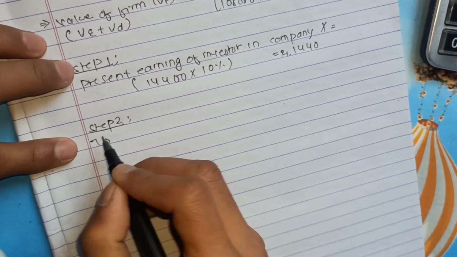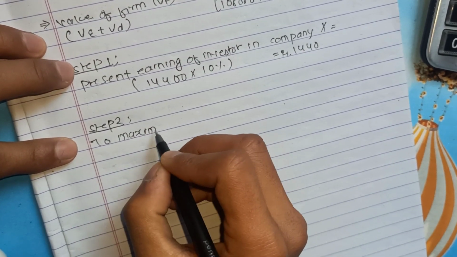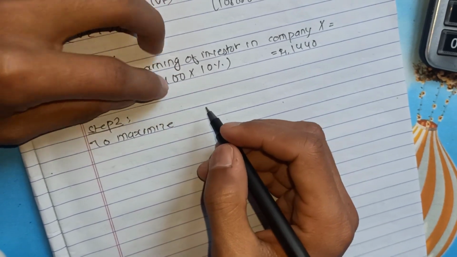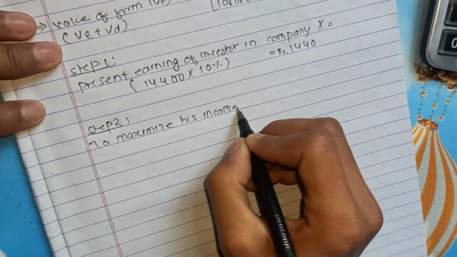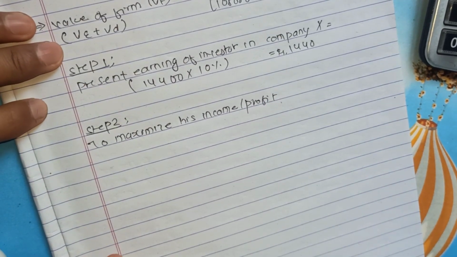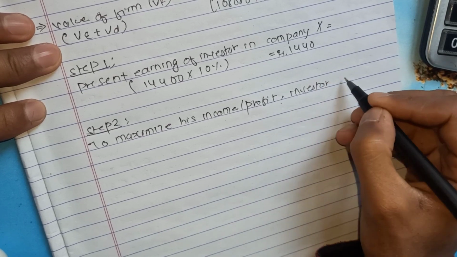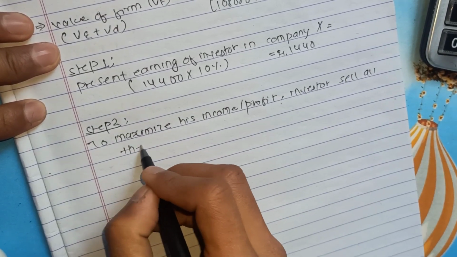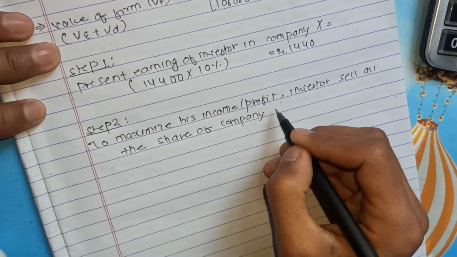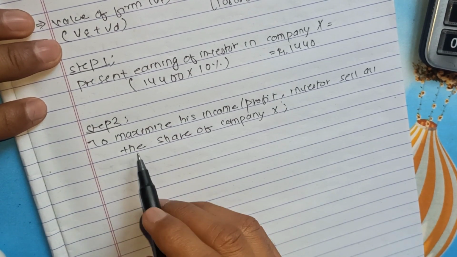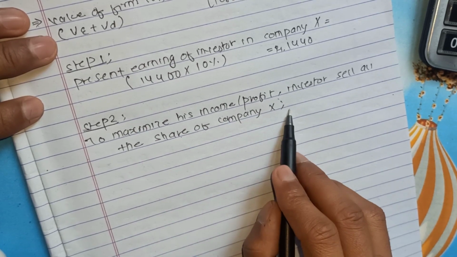To maximize his income or profit, the investor sells all the shares of company X. How much is his holding?